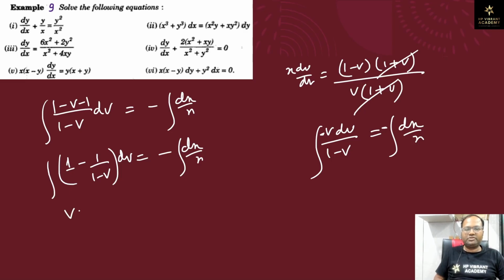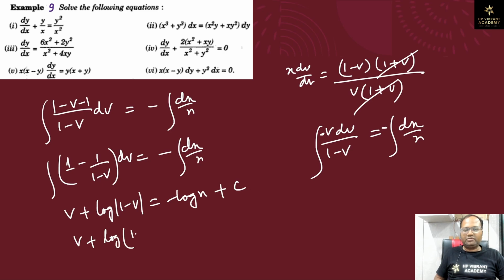So we have this as v minus of minus log of 1 minus v. So this is plus v plus log of 1 minus v is equal to minus log x plus c. Okay, so v plus log of 1 minus y upon x is equal to minus log x plus c. Let us further simplify this.